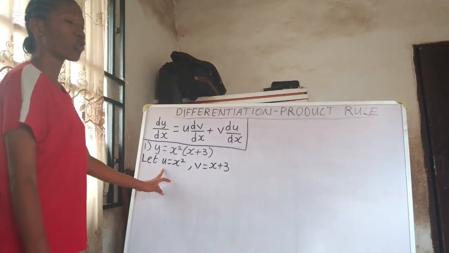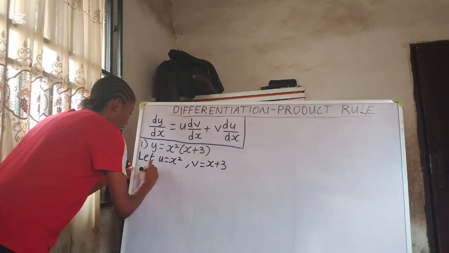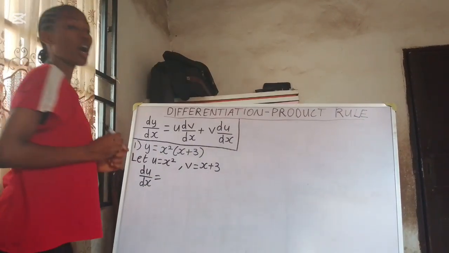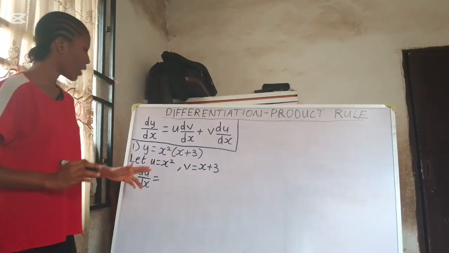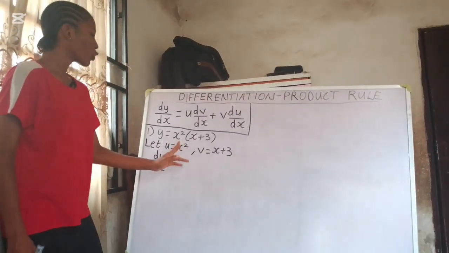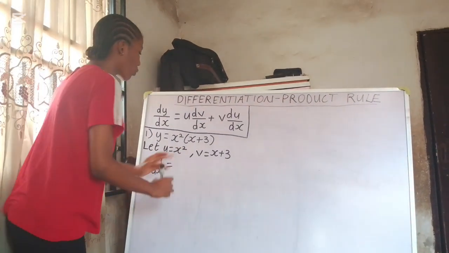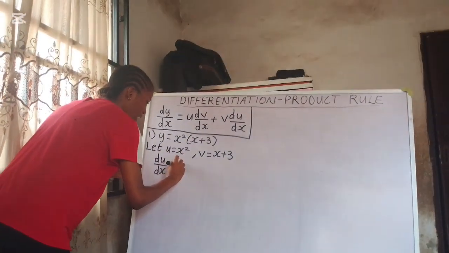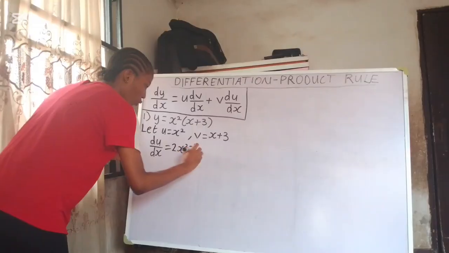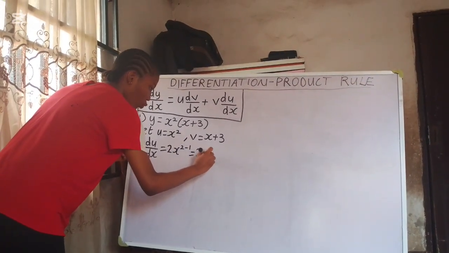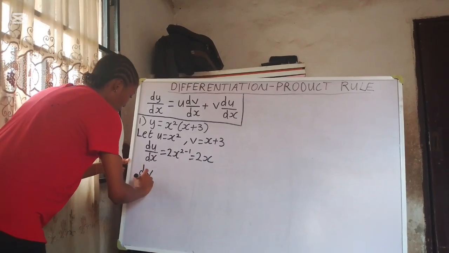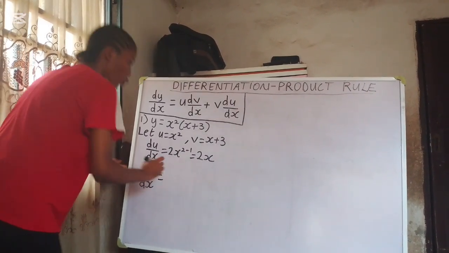So if we differentiate u with respect to x, that will give us our du by dx. Now, in our power rule of differentiation, remember, you have to bring the power down, then subtract 1 from the power. So if we want to differentiate x squared, we'll first of all bring 2 down, making it 2x raised to the power of 2 minus 1, which will actually give us back our 2x. Then for our dv by dx, that means differentiating v with respect to x.